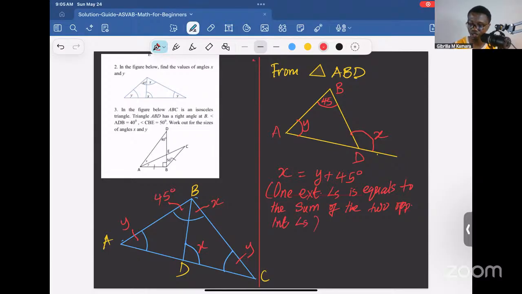So this is equal to these two. That's one thing you should know. Okay, easy. Once you know that, we are going to keep that as equation 1.